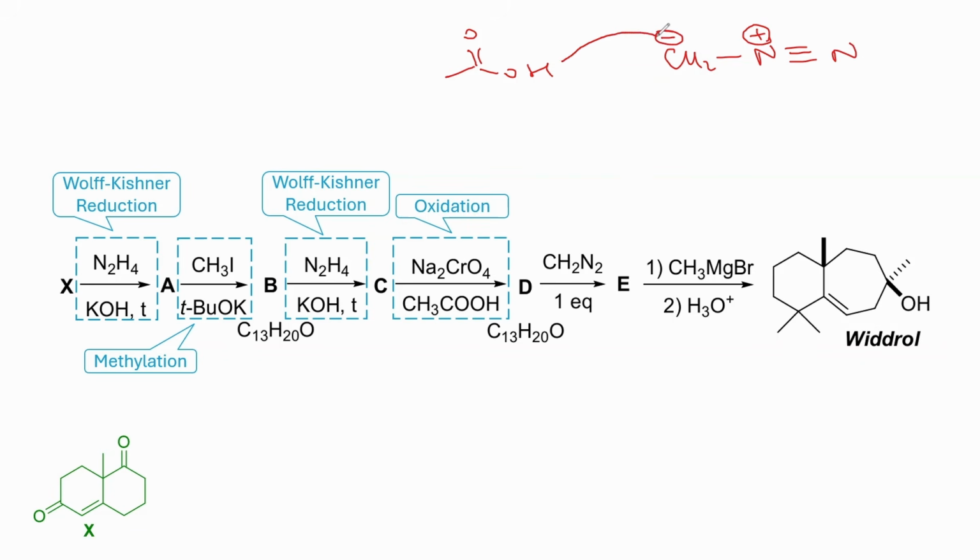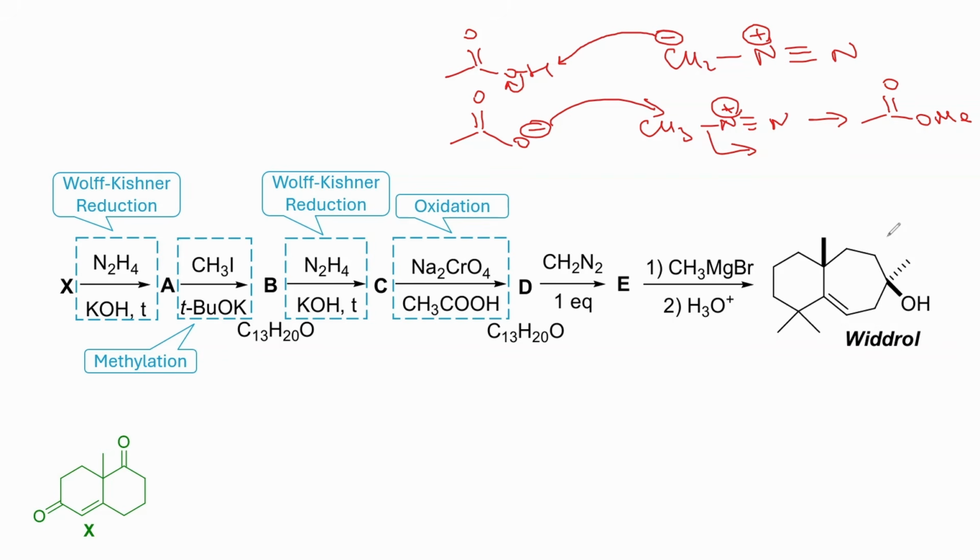It first takes the hydrogen from the carboxylic acid. That's a typical acid-base reaction, and you end up with a carboxylate and CH3N2. Then this oxygen takes CH3 and nitrogen gas leaves, so you end up with a methyl ester. That's one of the widely seen use cases for the CH2N2 reagent. It converts a carboxylic acid to a methyl ester in this fashion, with the evolution of nitrogen gas.